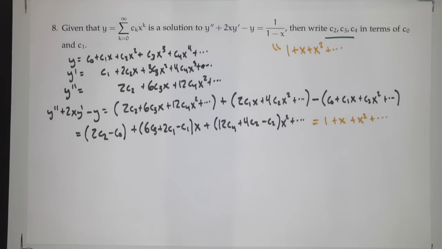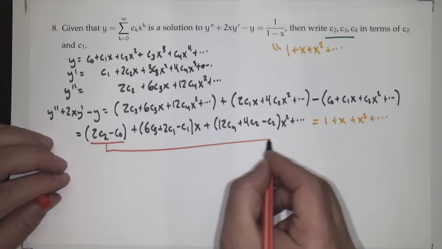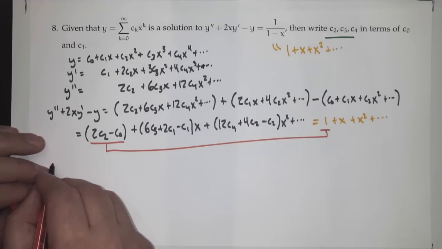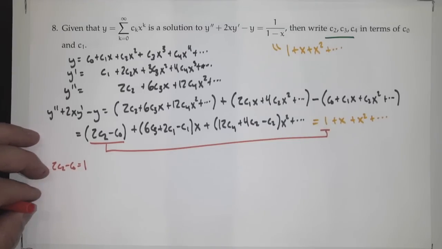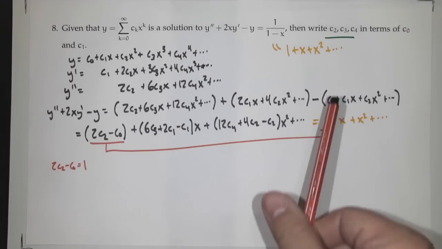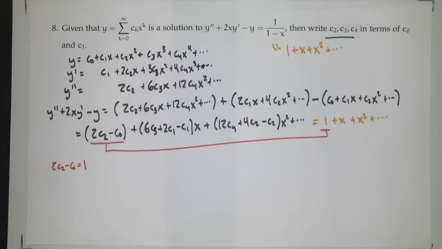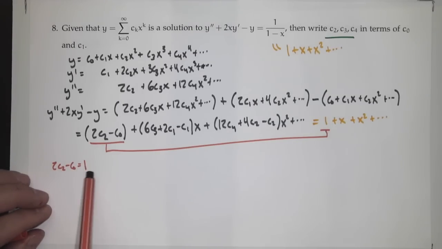And now the matching game begins. 2c2 minus c0 is our constant. That has to match up with our constant. So 2c2 minus c0 is equal to 1. Now, remember our goal. It says write c2, c3, and c4 in terms of c0 and c1. So it's okay to have my pieces on the right-hand side involve c0.